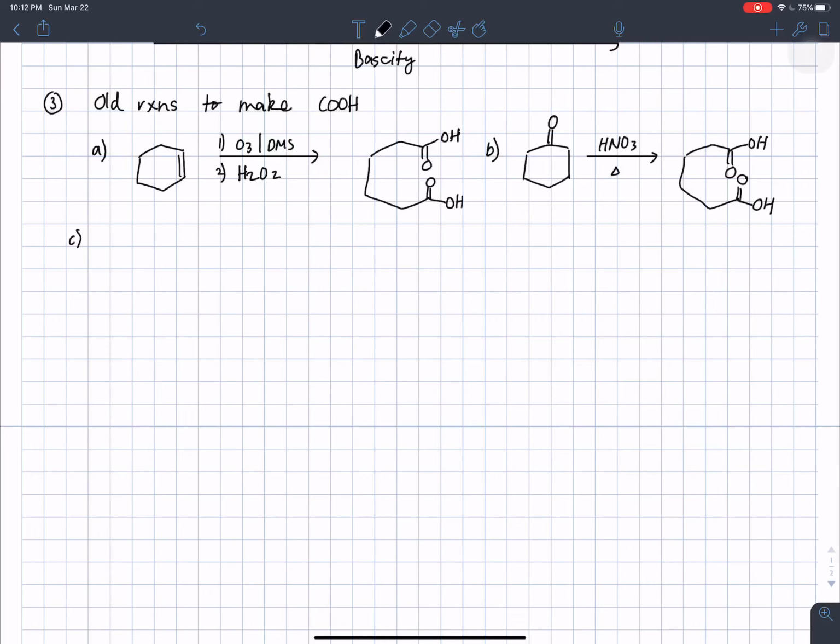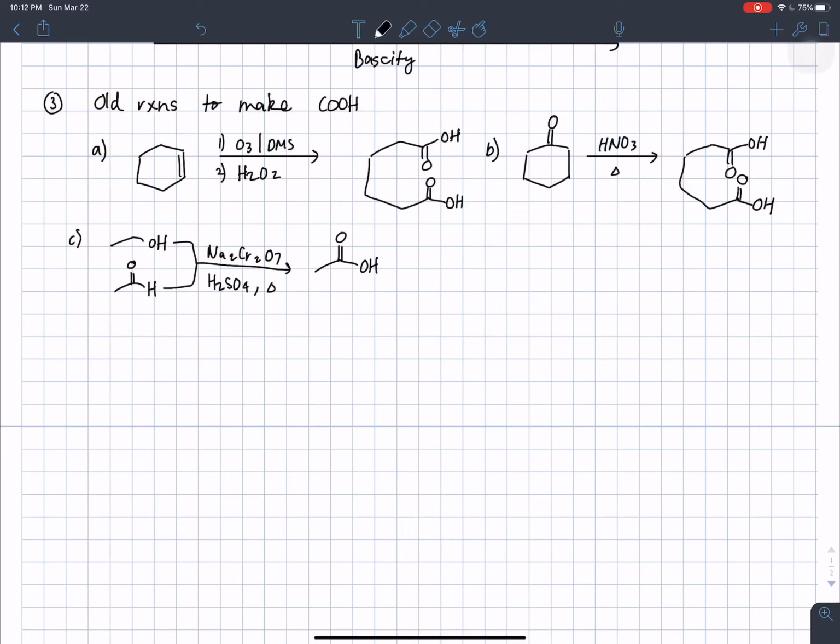Another one of the best ways to make carboxylic acids was if you have an alcohol or an aldehyde. Well, we learned that you can take those and put them through Na2Cr2O7 with H2SO4 and maybe heat, I think, and that oxidizes them to a carboxylic acid.